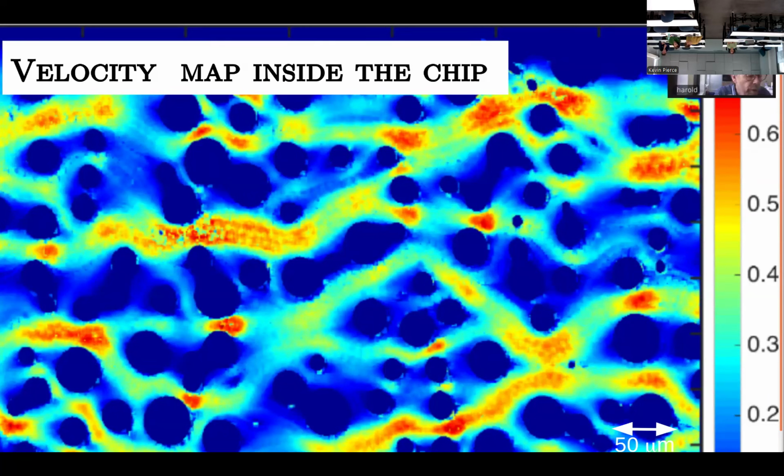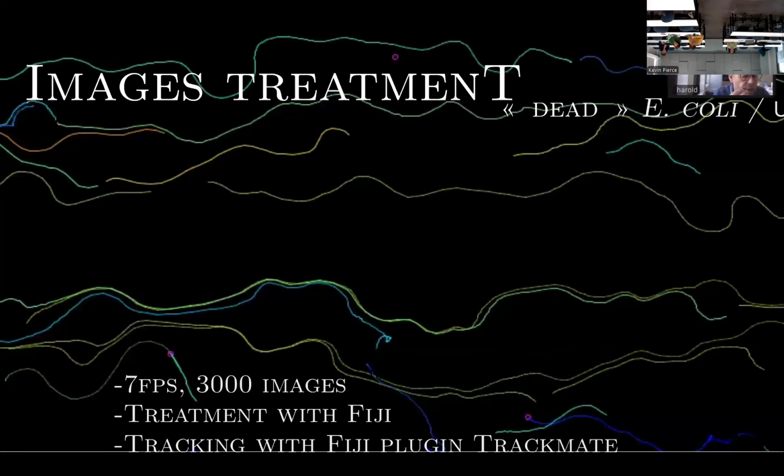We now inject bacteria, and that's on the next slide. We have special software to track the bacteria, so we can obtain the trajectories of the bacteria.